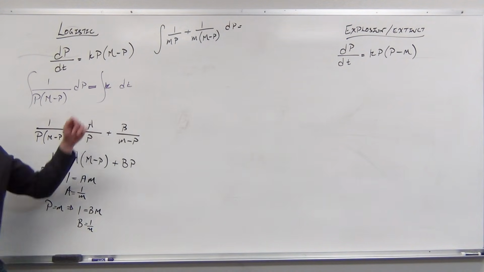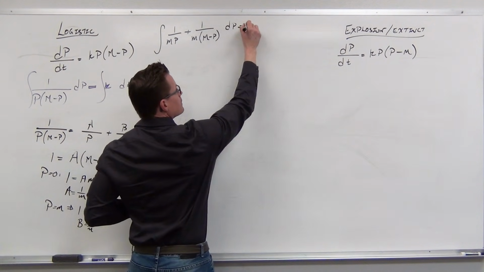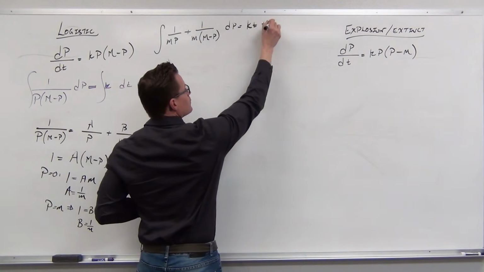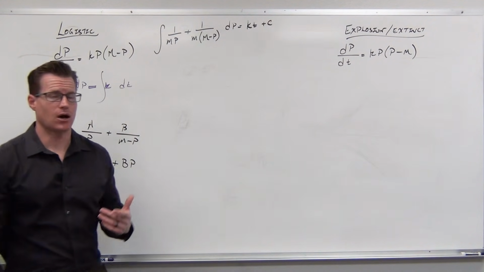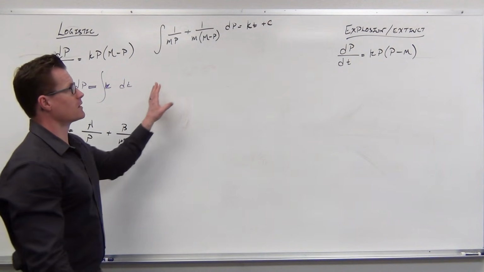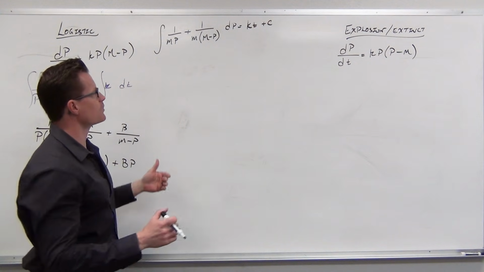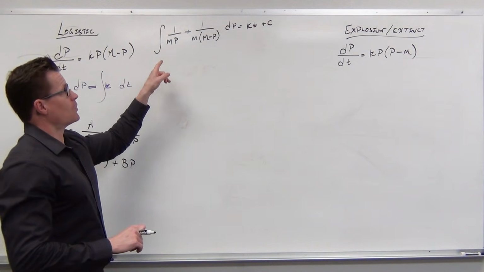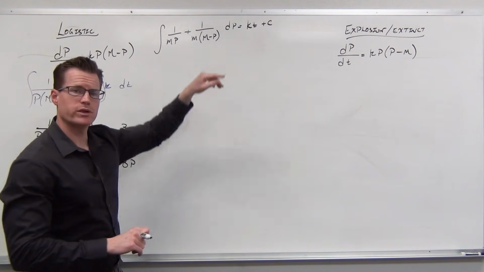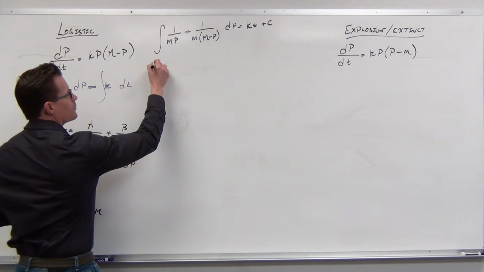On the right-hand side, we get this kt plus some sort of a constant. And yeah, we do need it. We don't need it on the left-hand side because we would absorb it, but we do need at least one constant here. We'll see why in just a bit. So, oh my gosh, well, hey, you know what? Those both have a factor of 1 over M. Let's pull that out.